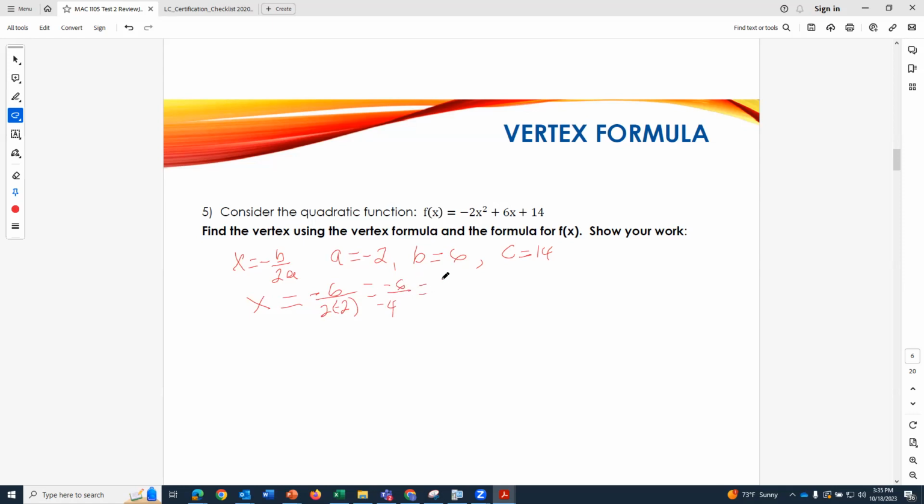That will be 6 over 4. Simplify, 2 goes into both. That will be 3/2. 3/2 will be the x vertex.